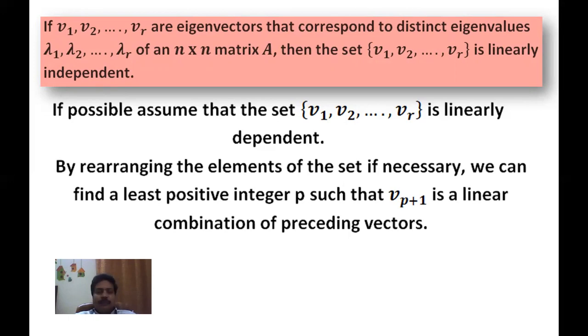So we can rearrange the set, if necessary, and find a least positive integer p such that vp plus 1 is a linear combination of preceding vectors.